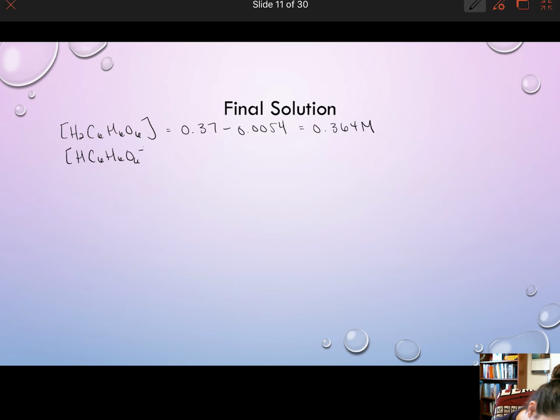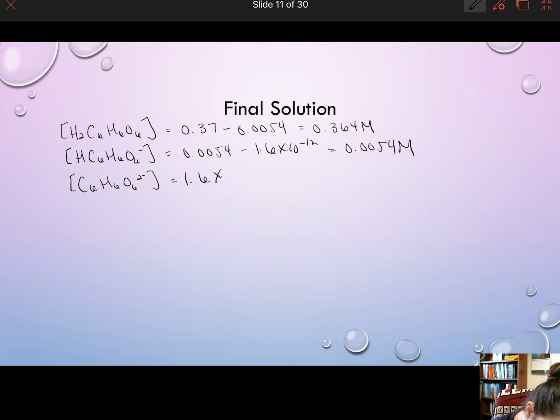Then we have HC6H6O6 minus equal to 0.0054 minus 1.6 times 10 to the negative 12. So basically no change there, giving us 0.0054 molar for that one. Then we have C6H6O6 2 minus equal to 1.6 times 10 to the negative 12.